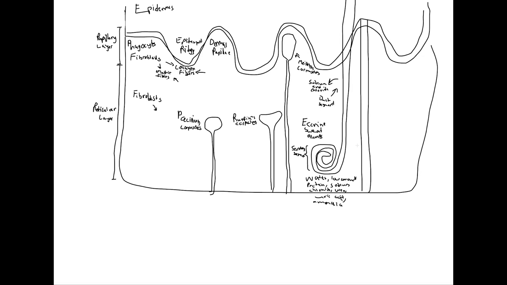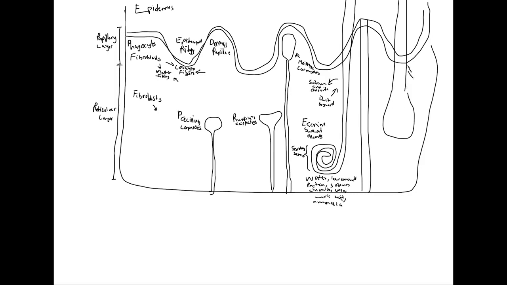Okay. You also have things called apocrine sweat glands. And I'll actually just draw a hair structure. I won't redraw. I'm going to talk about hair in a second, but right now we're just going to focus on the apocrine sweat glands. But there are going to be apocrine sweat glands attached to these hairs.